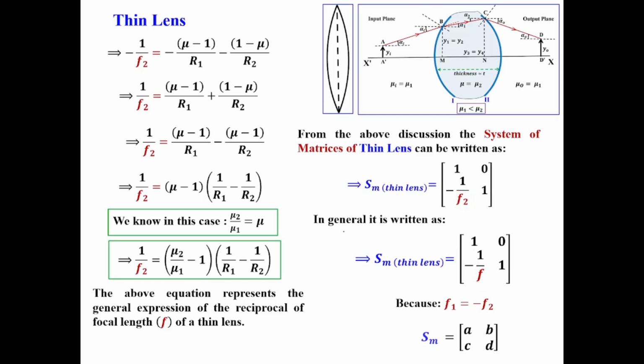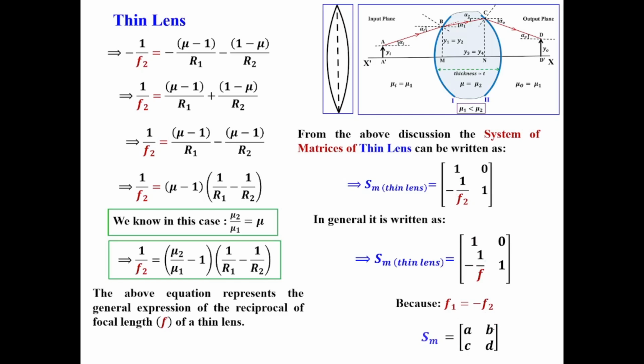Here because f1 equal to minus f2, if I write f1 instead of f2, then this expression will be like this: 1 0 minus 1 by f, not minus, plus 1 by f1.